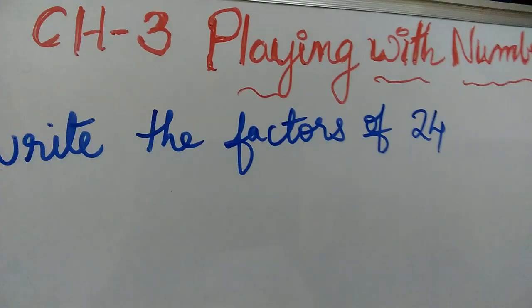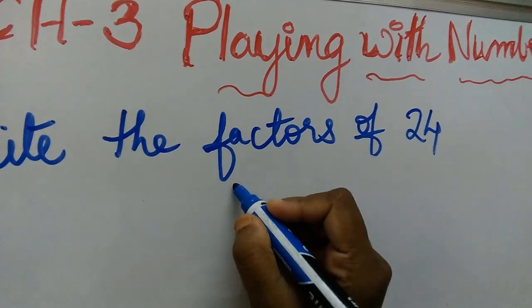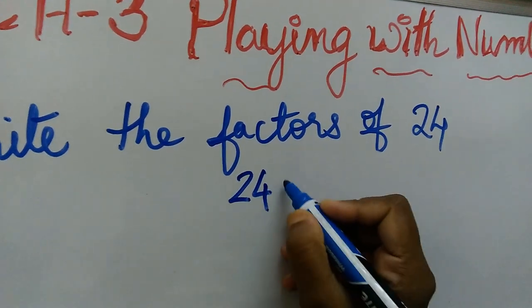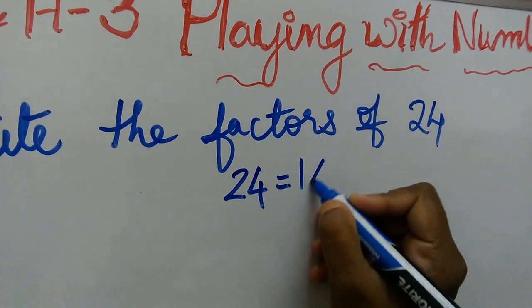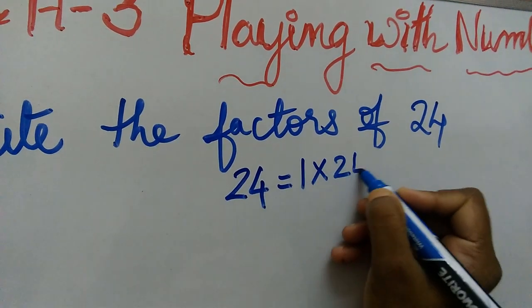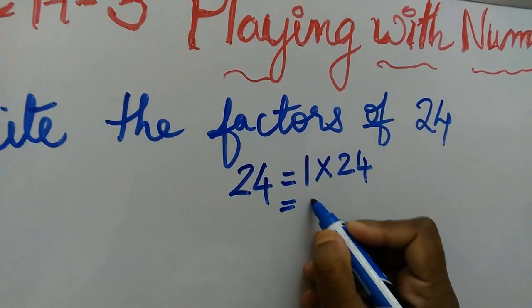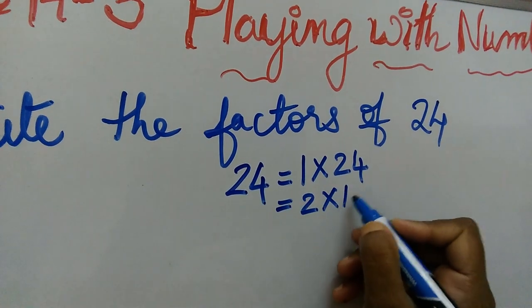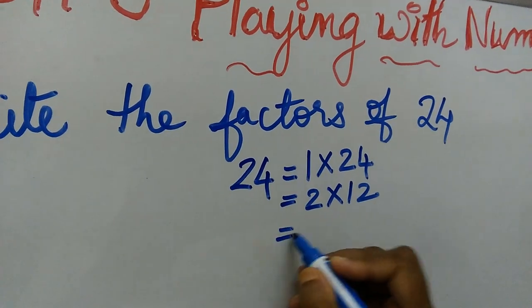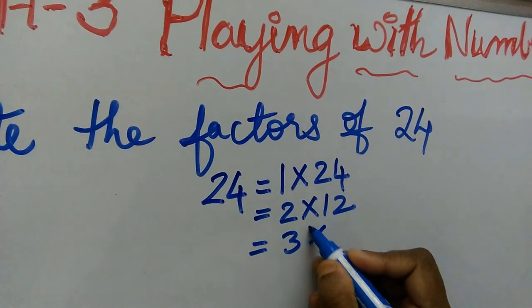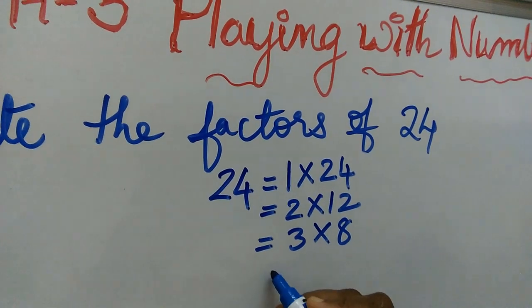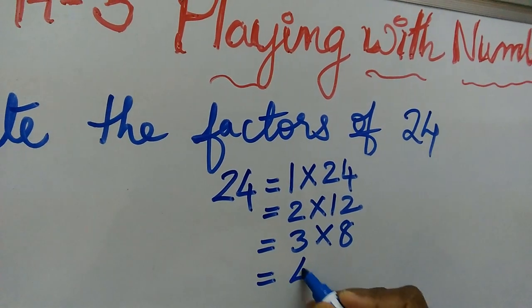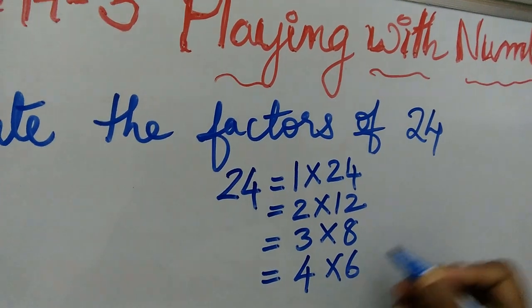Write the factors of 24. Which tables is 24 coming in? 1 into 24 is 24. Next 2 into 12 is 24. Now 3 into 8 is 24. Then 4 into 6 is 24.